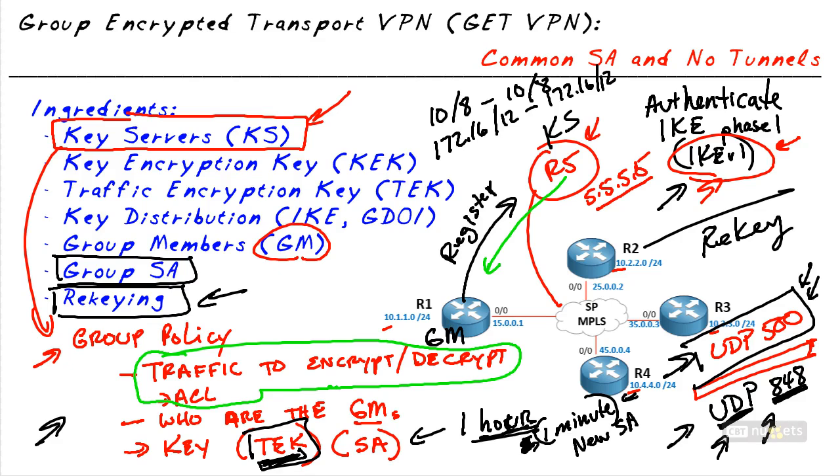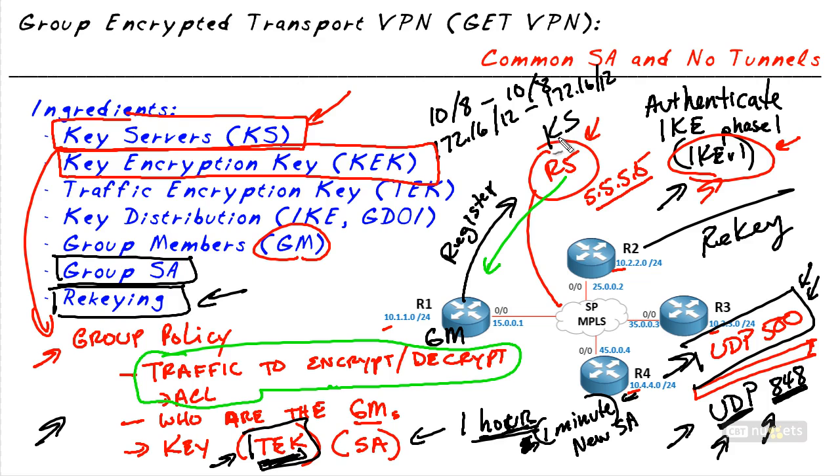Now there's one other key I want to talk to you about, and that is a key that's used just for rekeying information to protect the data as it goes between the key server and a group member. And it's called the key encryption key. So if we go back for a moment to the traffic encryption key, if we have R1 sending a packet over to 10.3.3.3, that transit traffic, the user traffic, would be encrypted using the common traffic encryption key that all members of the group have.